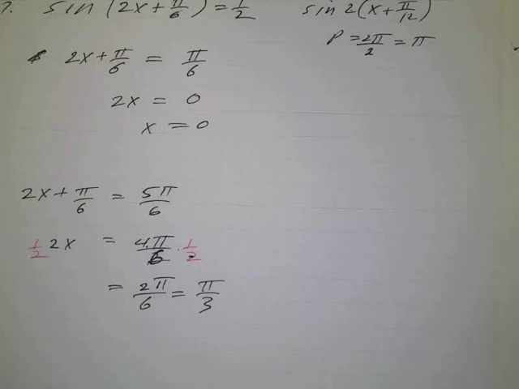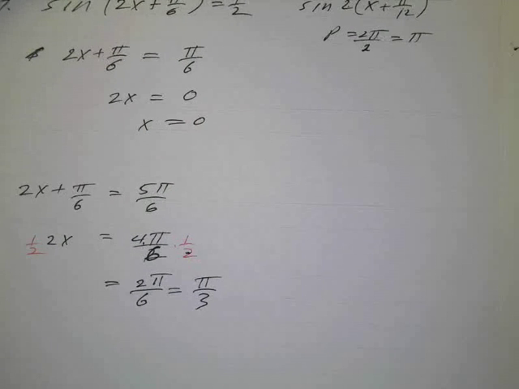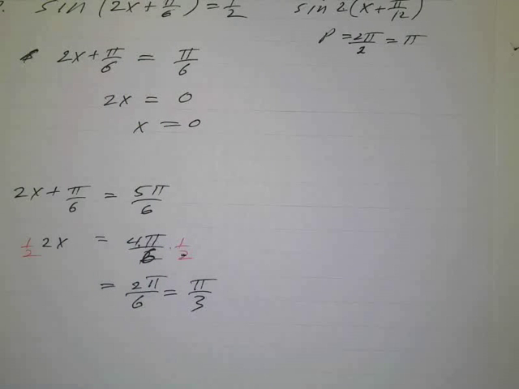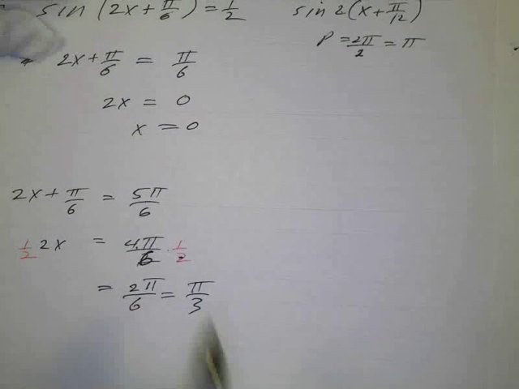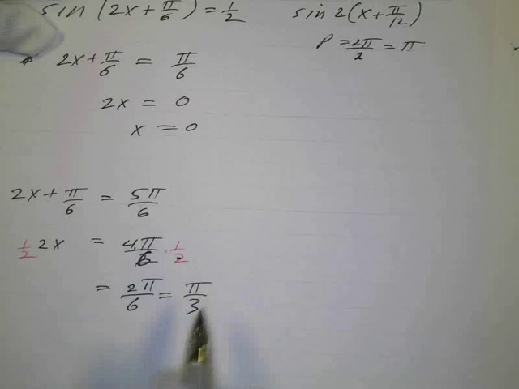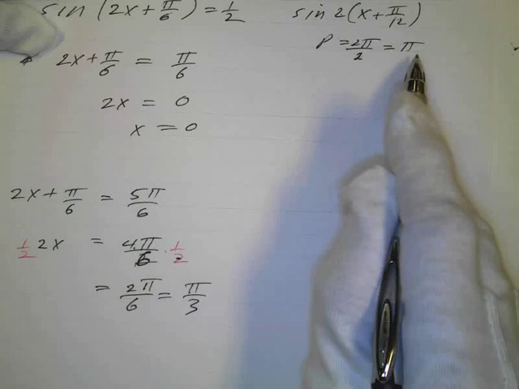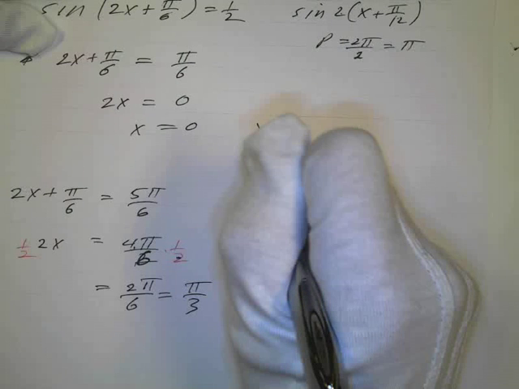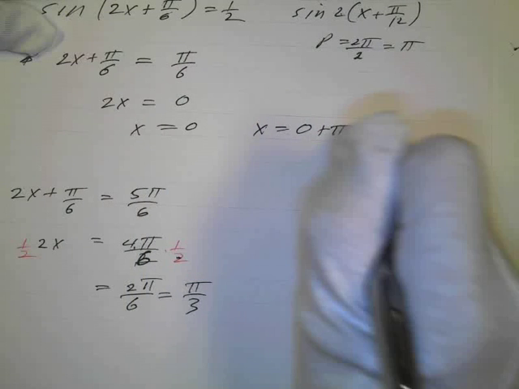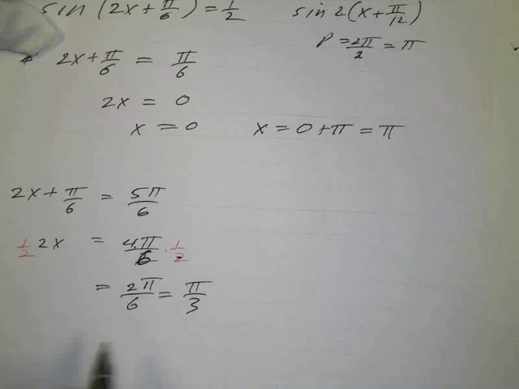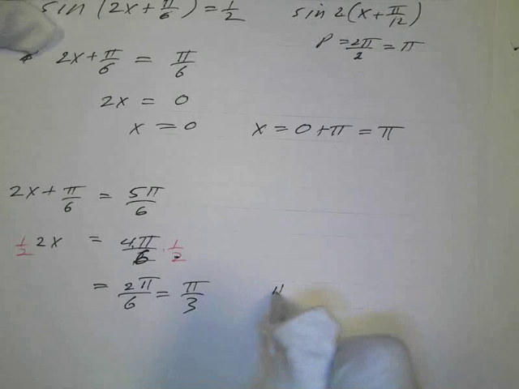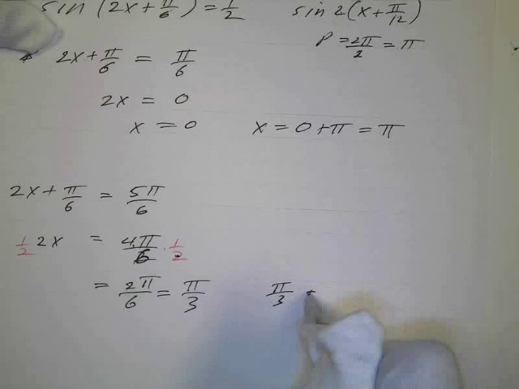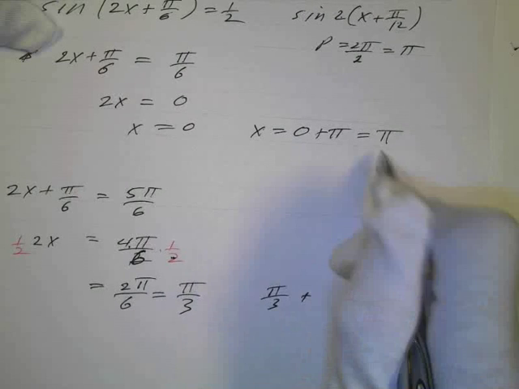Okay, now remember, those are the first ones that occur, but we're going to have two periods, so we'll have another periodic point where this is also valid. This will also be equal to 1/2, periodically. All right, so we got another point here and another point there, and then we find that by adding pi to this. So 0 plus pi, x also equals 0 plus pi, which is just pi. And x also equals pi over 3 plus pi.